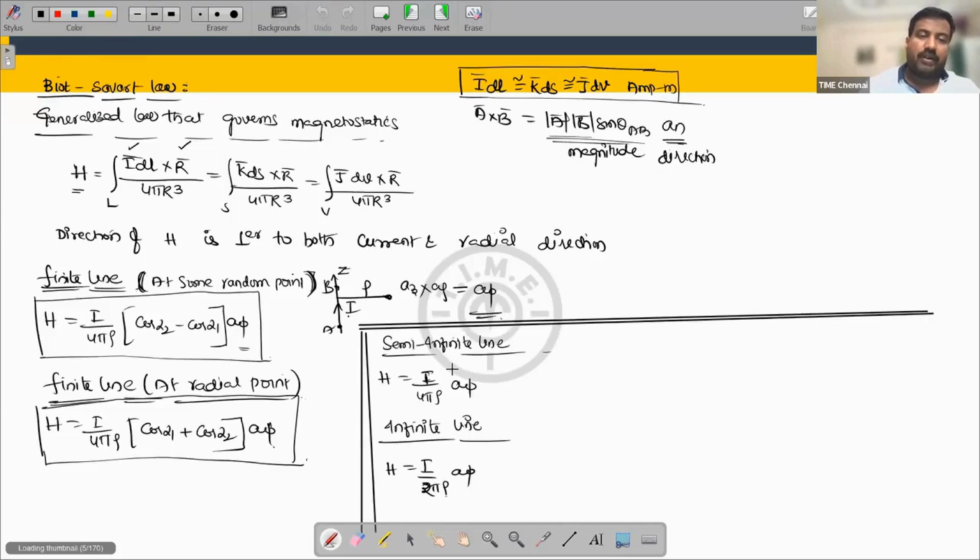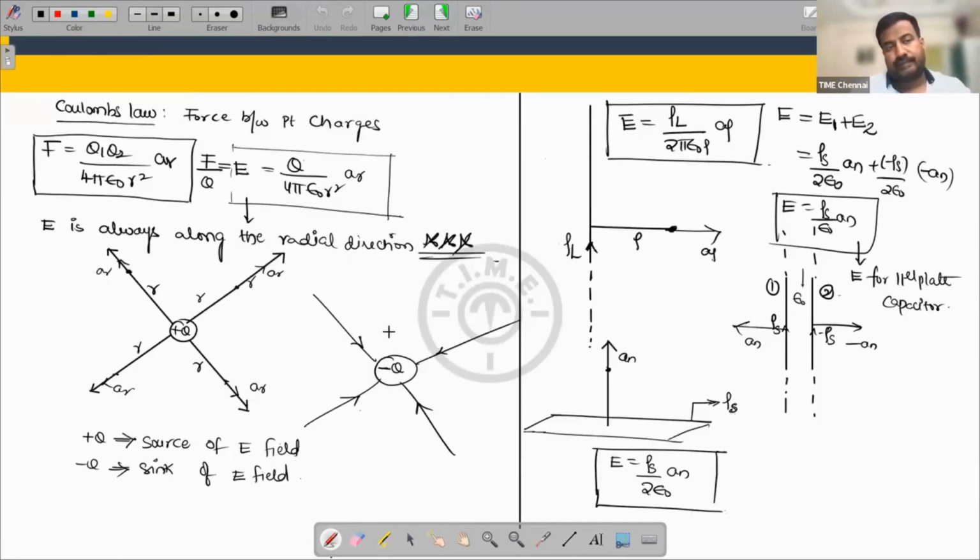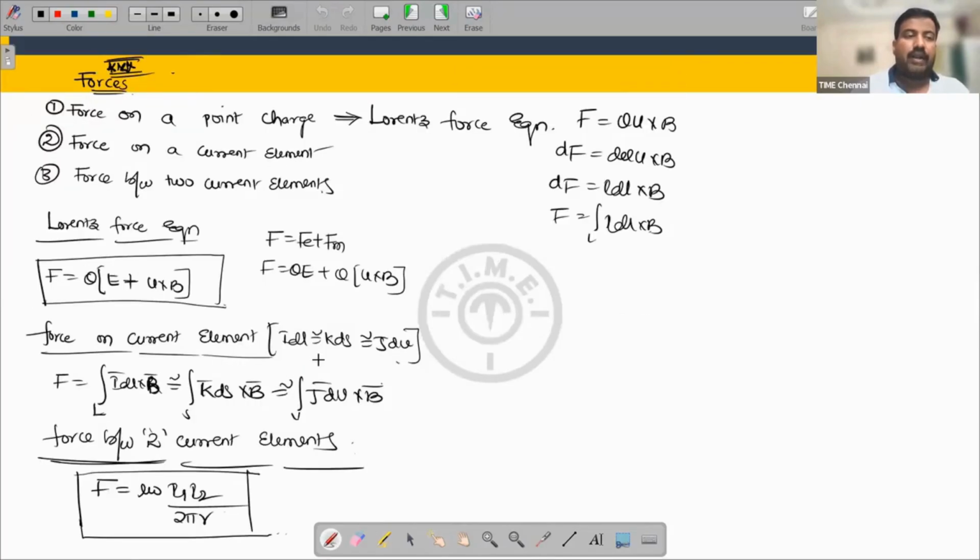And also, especially when you're talking about Coulomb's law, at times you will encounter a condition where two charges are not available.